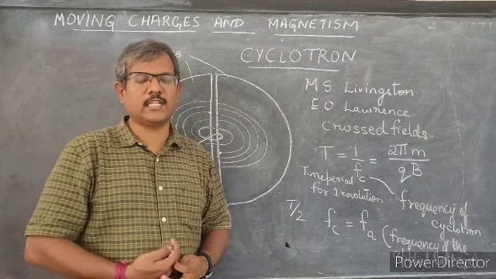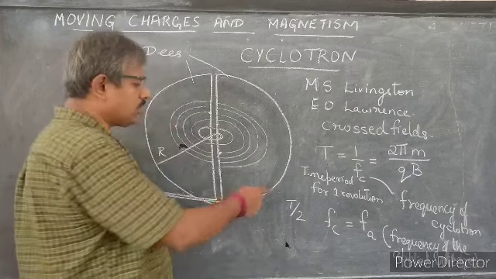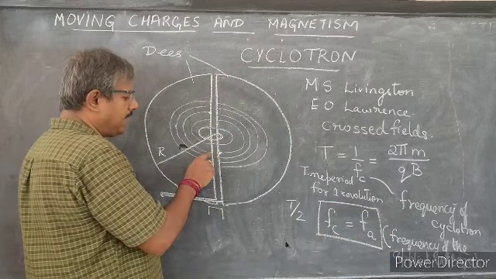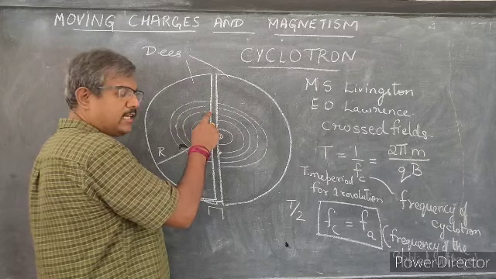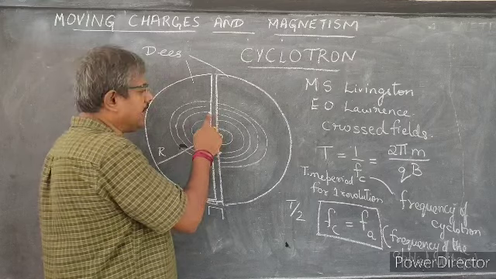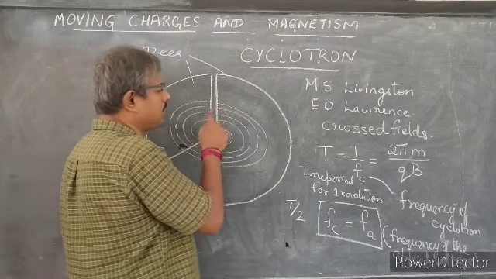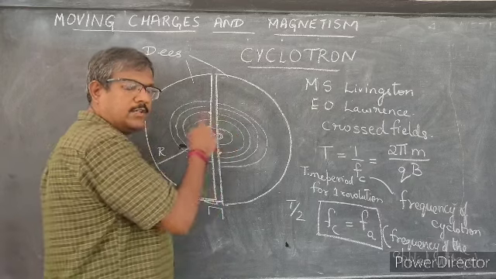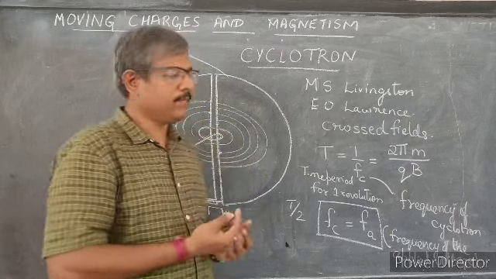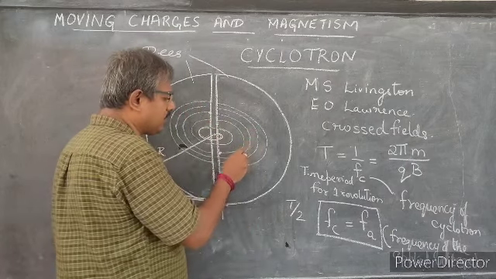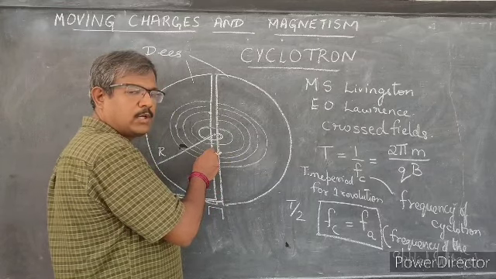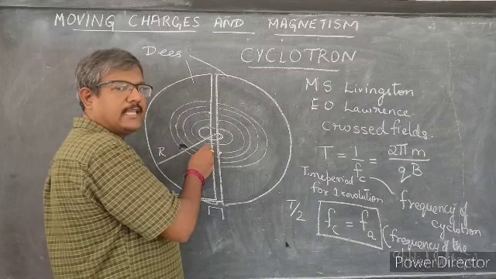So why should this be the condition? Because it is only when this condition is met that the particle, as it arrives at the interface after completing half a revolution, finds itself exactly encountering the condition where it has to jump between this plate and this plate, and during the jump its energy gets increased and it accelerates. With that accelerated motion it continues for the next half revolution, where it again encounters a reverse polarized field and again jumps, again increasing its energy.